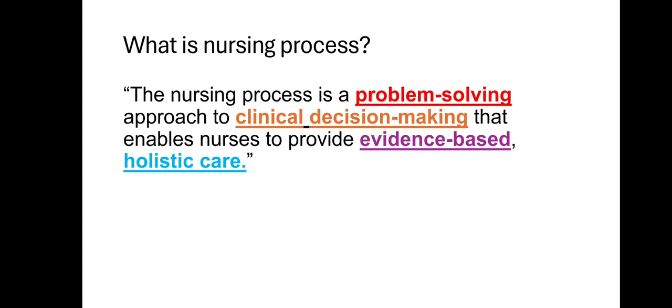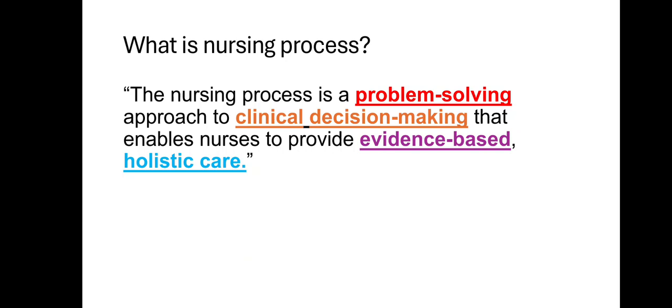The nursing process is a problem-solving approach to clinical decision-making that enables nurses to provide evidence-based holistic care. So we must know that the nursing process is a scientific approach, a problem-solving one to clinical decision-making.